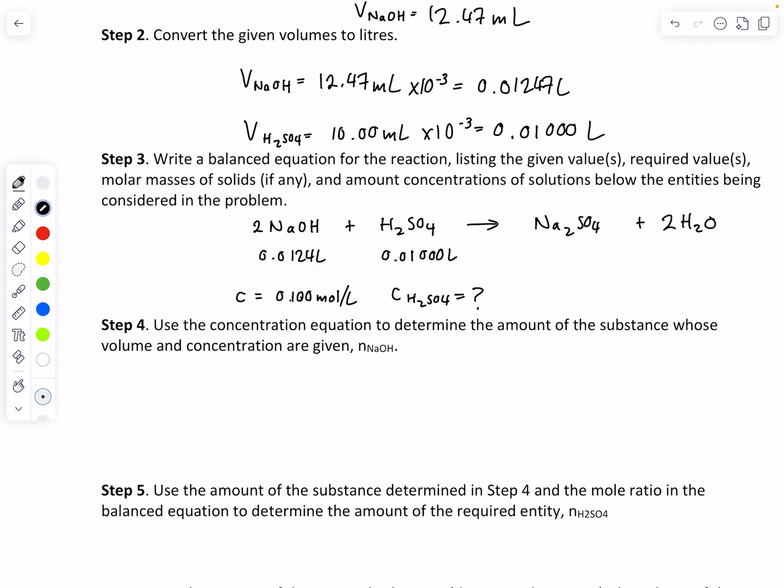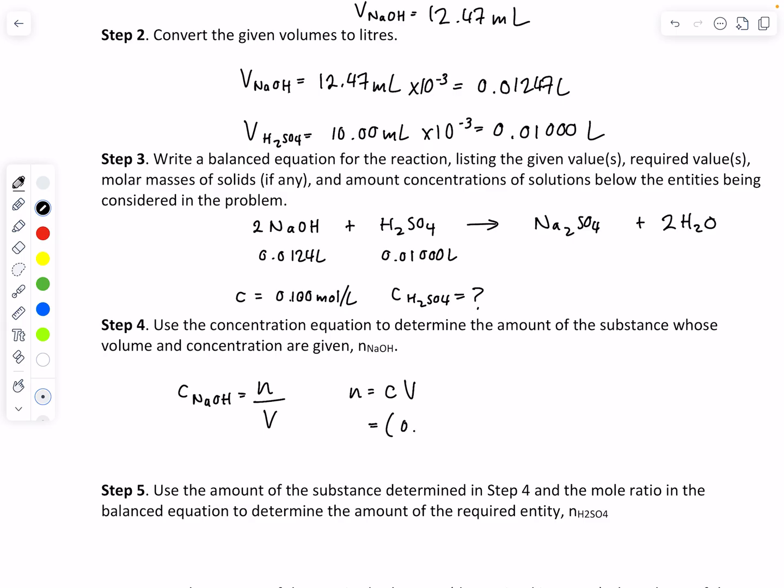We're going to use the concentration equation to determine the amount of the substance whose volume and concentration are given. So we know the concentration of sodium hydroxide is the number of moles divided by the volume. So the number of moles is equal to the concentration times the volume.